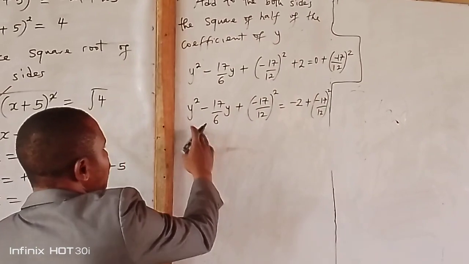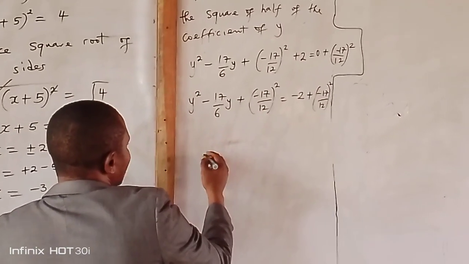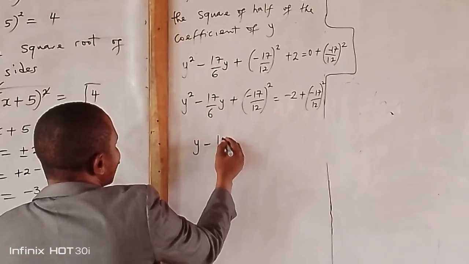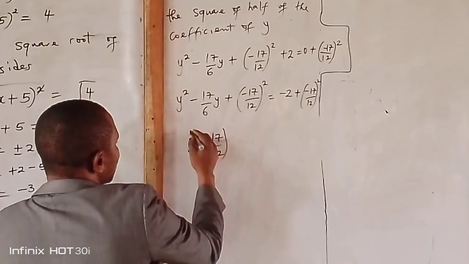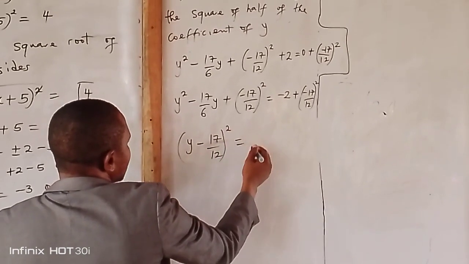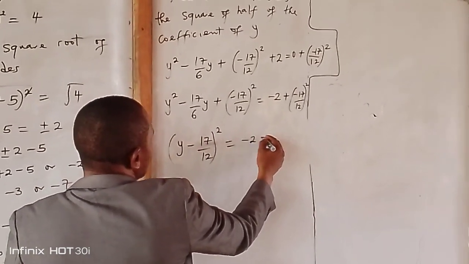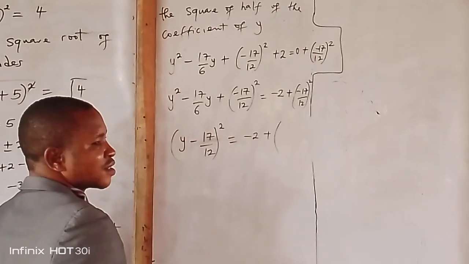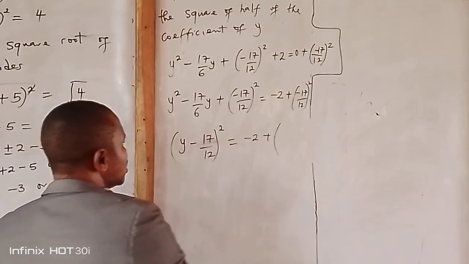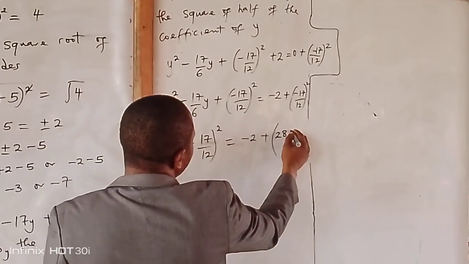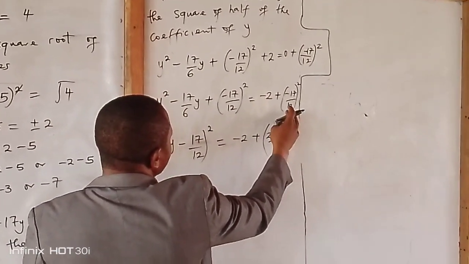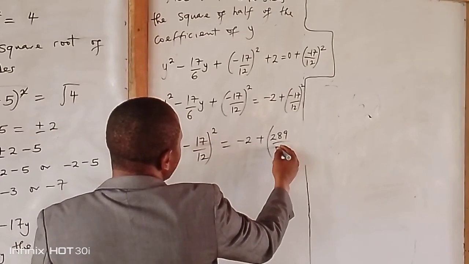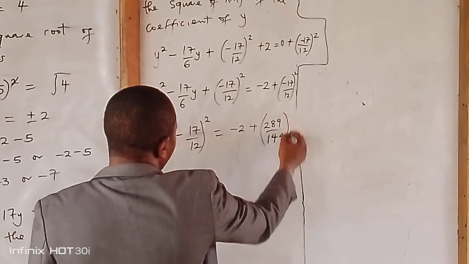Then by the time we solve this equation, we are going to have y minus 17 over 12 squared is equal to minus 2 plus, we are going to open these two terms. Minus 17 times minus 17 will give us plus 289 over 12 times 12, which gives us 144.